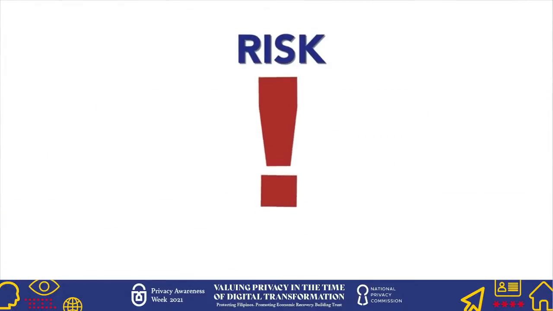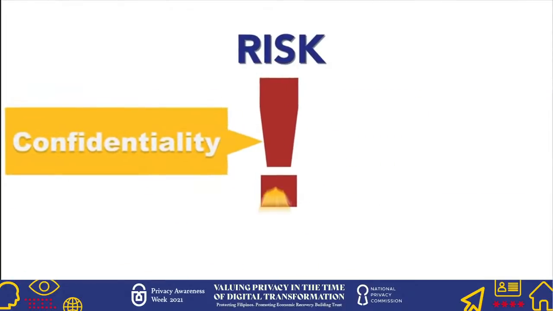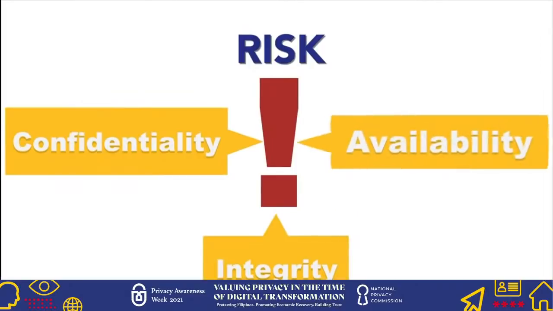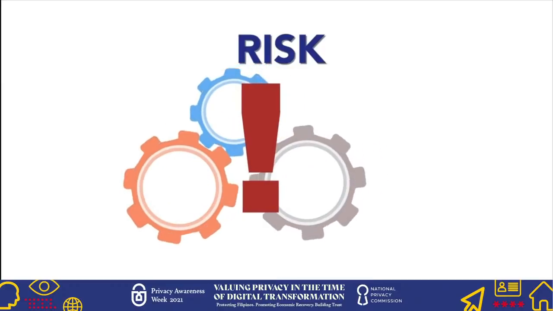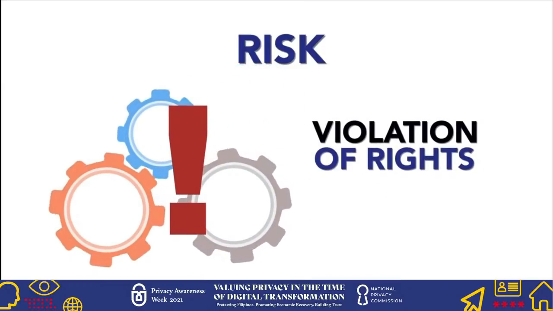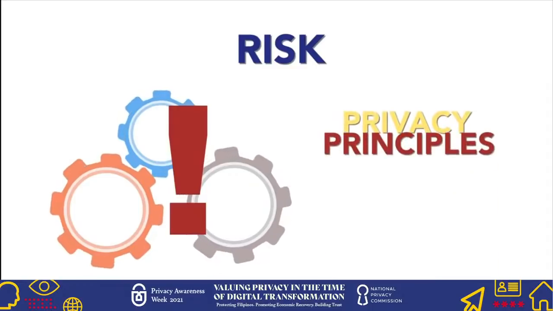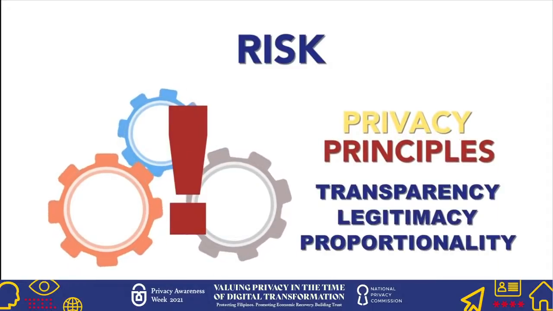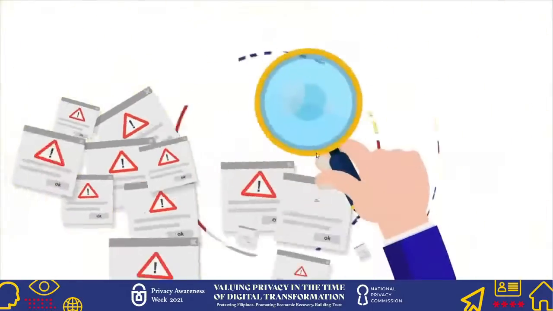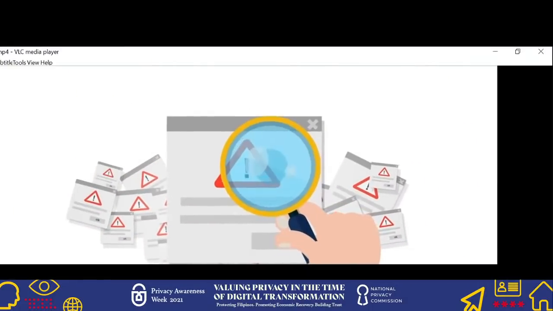It includes risks that the confidentiality, integrity, and availability of the personal data might not be maintained, or possibly even the risk that processing might lead to violation of the rights of the data subject, or the privacy principles of transparency, legitimacy, and proportionality. After identifying the risk, you will need to ask.